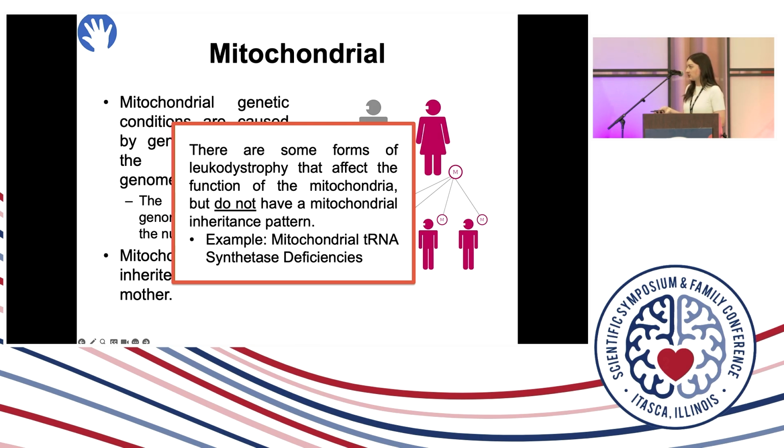And a good example for that is the mitochondrial tRNA synthetase deficiencies. So those are actually genes that are located on our autosomes that are associated with autosomal recessive inheritance patterns. And so it's really important to know the exact inheritance pattern of the condition that's running in your family, because it can really help to stratify the risk of who is actually potentially affected with this condition.